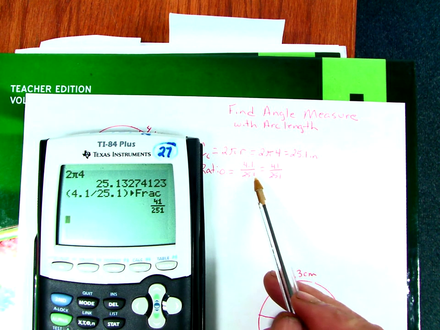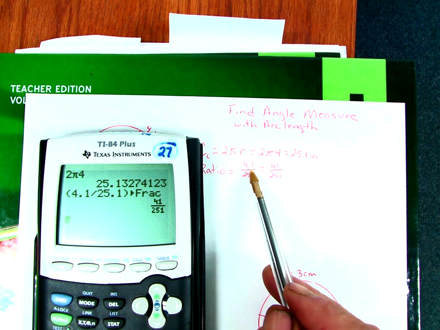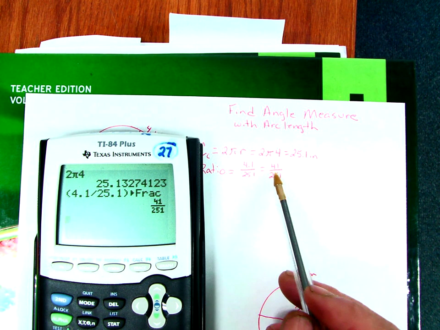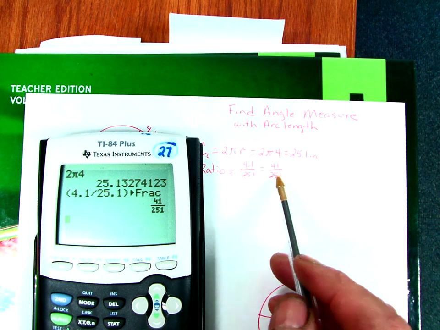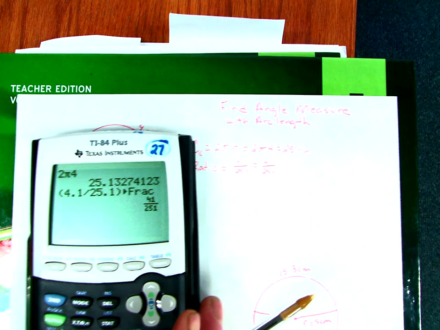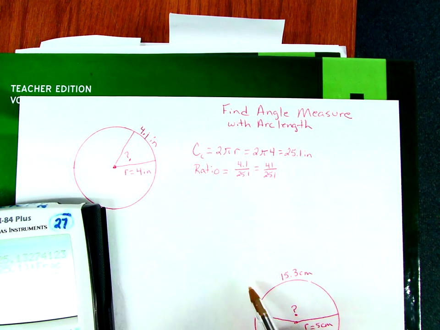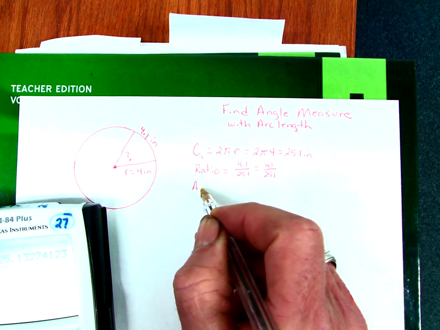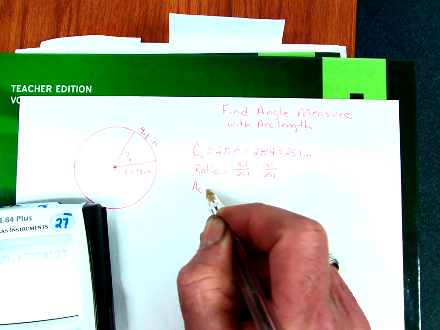See what it did is it justified this fraction by multiplying the top and the bottom by 10 to take the decimals away. So here's our ratio, 41 over 251. Well, how's that going to help us? Well, now we're going to have to calculate the area of this circle.